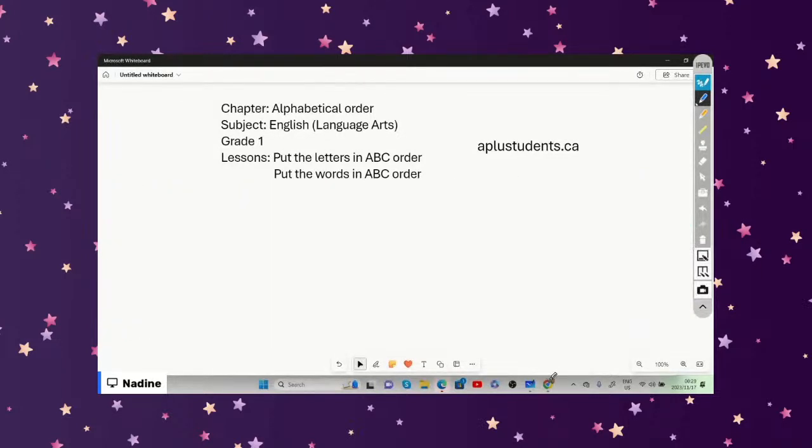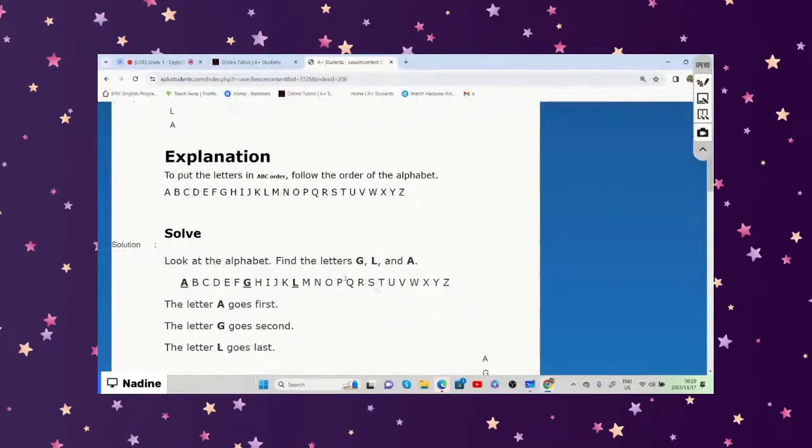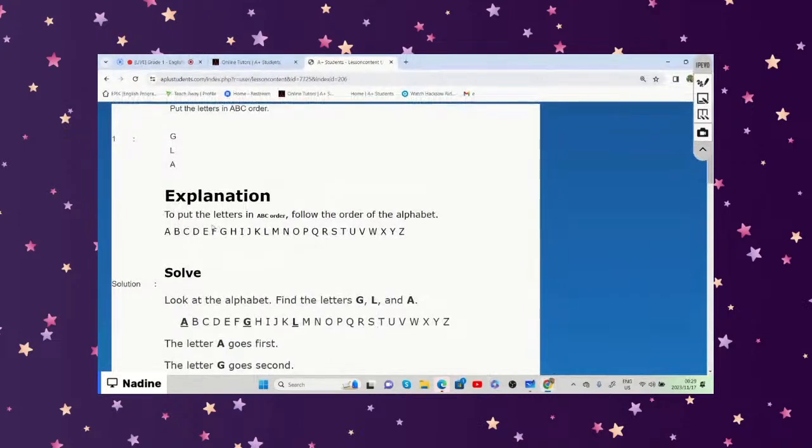All right, so now we're going back to A Plus Students.ca, right? And we basically just put all of our letters in order, so it is in the order of how the alphabet is.